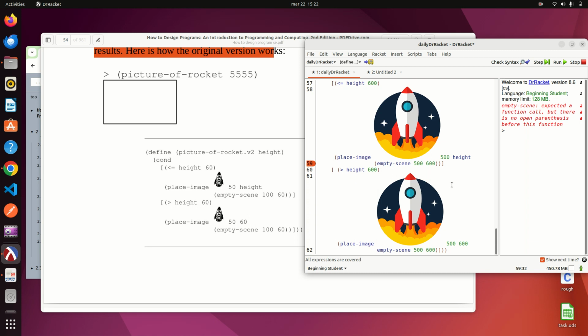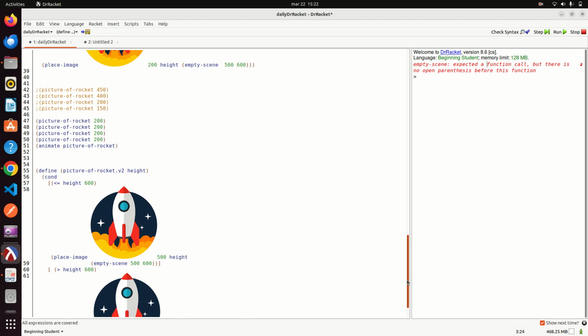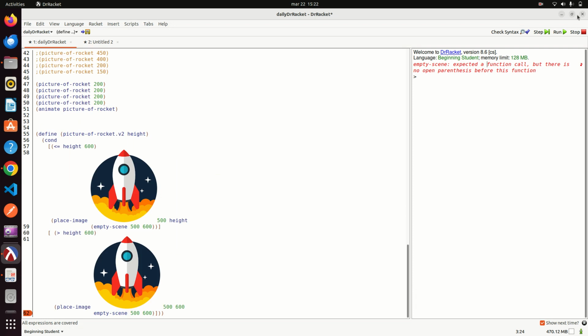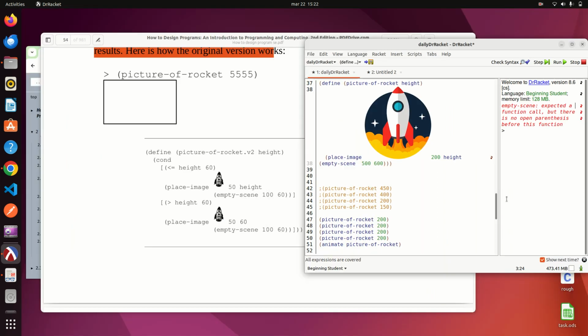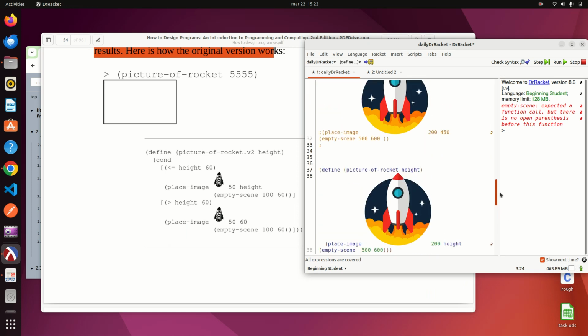Let's see. Empty scene, expected a function call, but there's no open parentheses before the function. What does that mean? Where is even the error? Which line is it? Or is it this one?